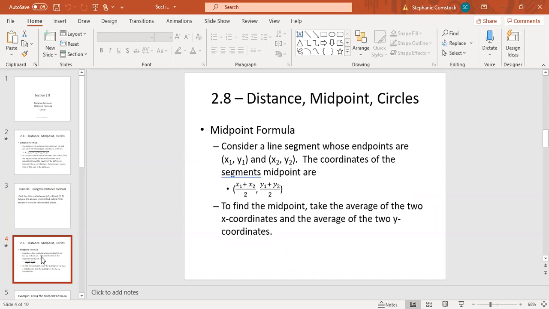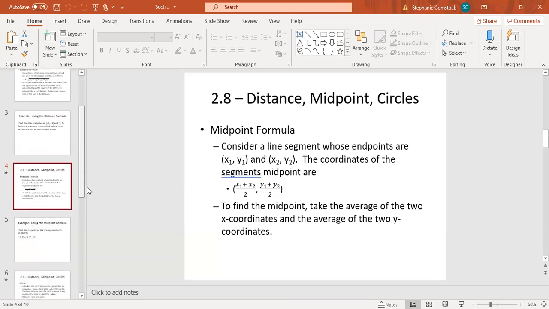You're basically averaging your x's and averaging your y's so that you land in the middle. Again, the verbiage down here is just saying this in vocabulary words. So we're going to take our x's, add them up and divide by 2. We're going to take our y's, add them up and divide by 2. Again, I give you this formula.